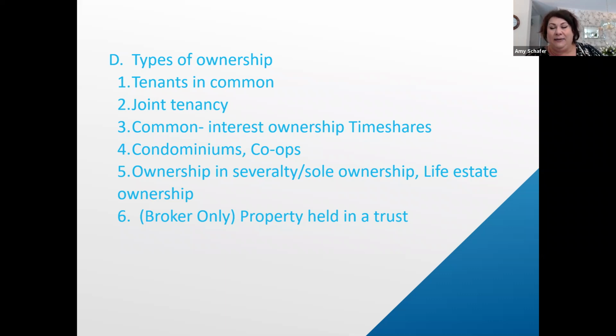Joint tenancy is unique in that it has the right of survivorship, which means if I and another person own a property and one of us passes away, the other one has the right of survivorship to now own it in severalty. We're a single owner now. That's what severalty means. We're a single owner. So the right of survivorship with joint tenancy just basically means there's one less owner.